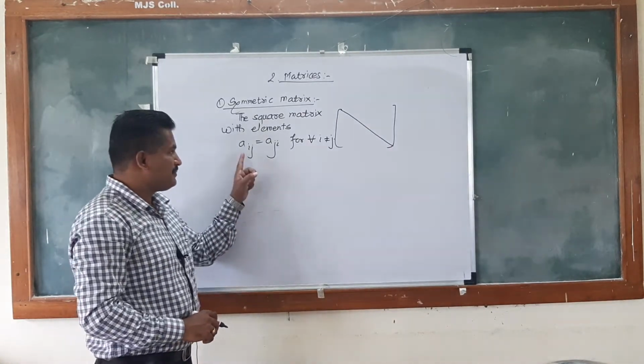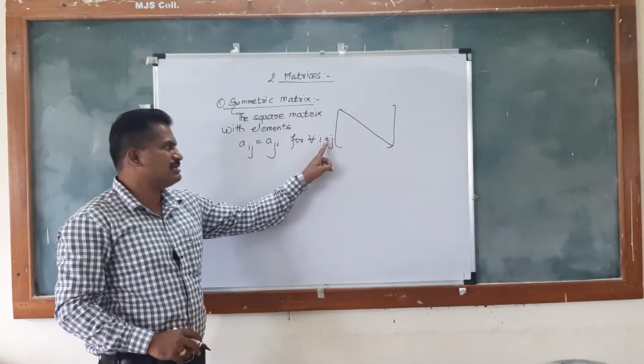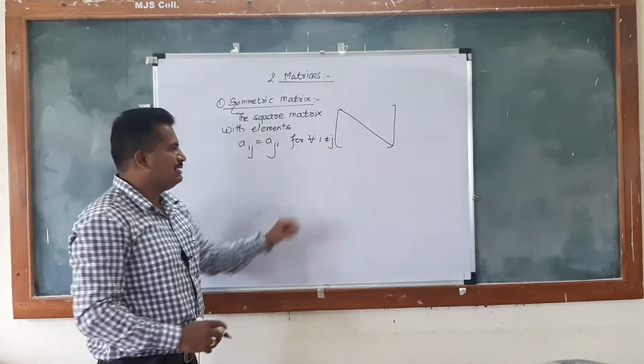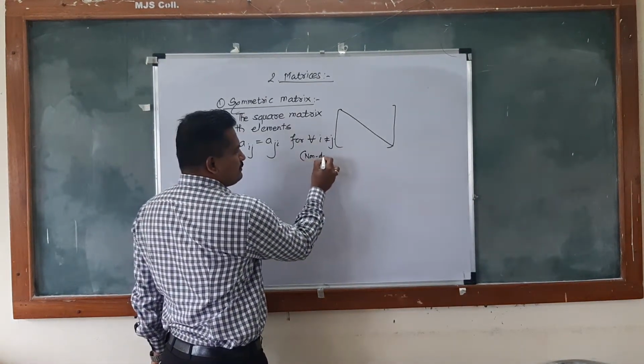That means the elements which satisfy the condition i is not equal to j, that means non-diagonal elements.